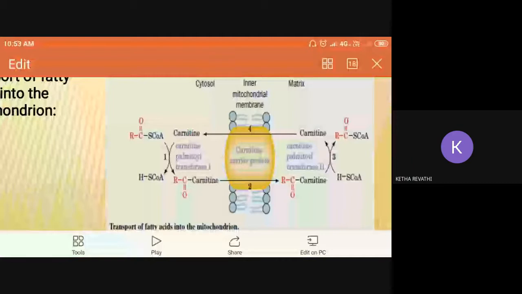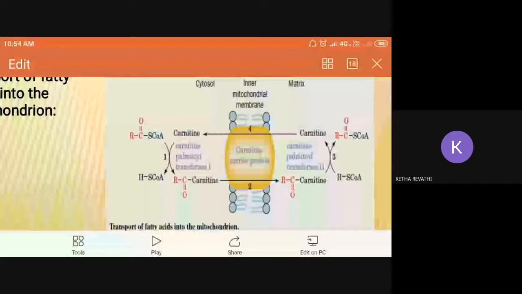Transferase 1 enzyme is required. This is also called carnitine palmitoyl transferase 1, or simply transferase 1. Understood? So acyl carnitine enters the mitochondrial matrix through the carnitine protein.